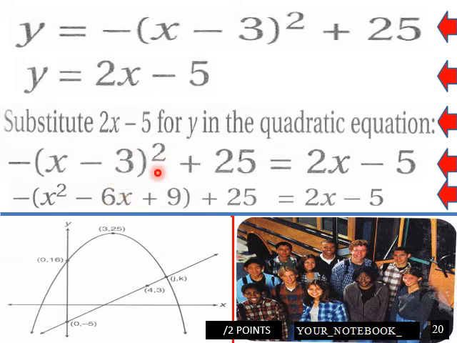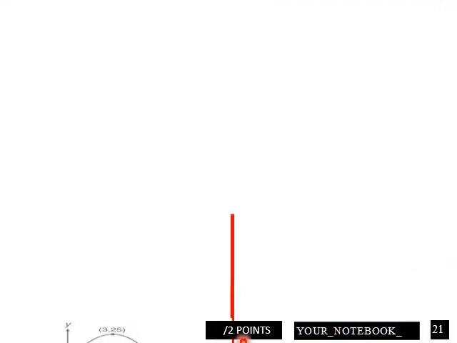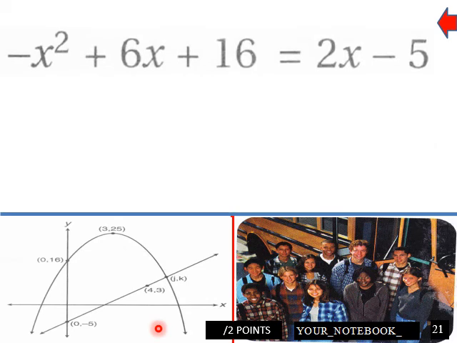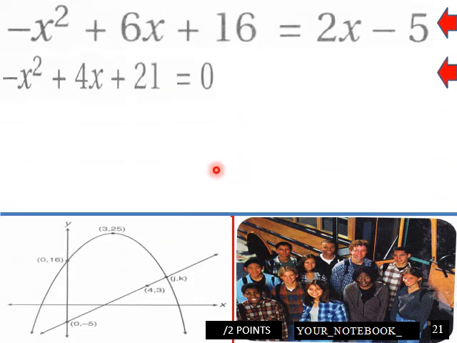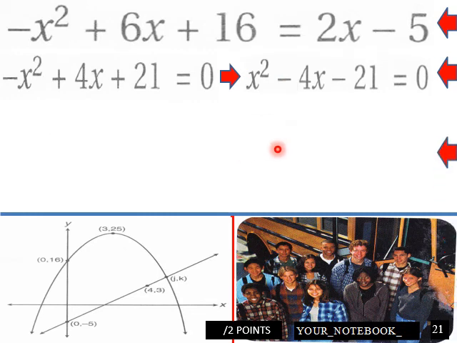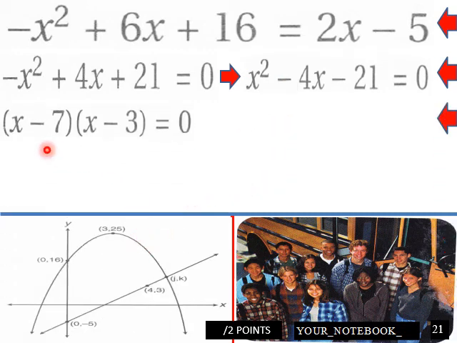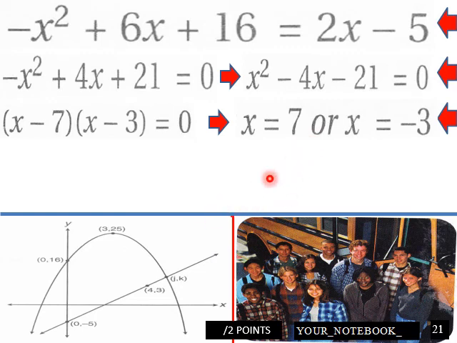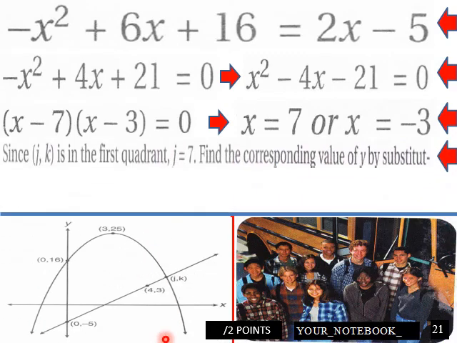We expand our square here, and we continue to combine like terms, and we end up with this quadratic, which we can factor. x minus 7, x plus 3 equals 0, so x equals 7 or x equals negative 3, so negative 3 and then 7 here.